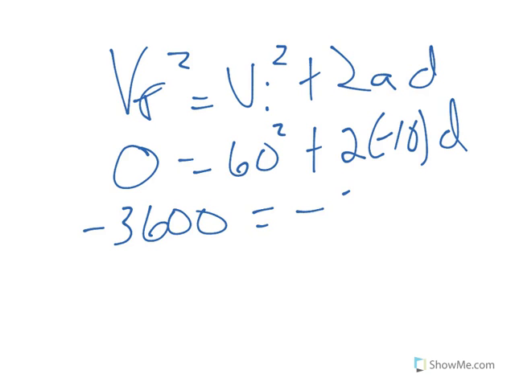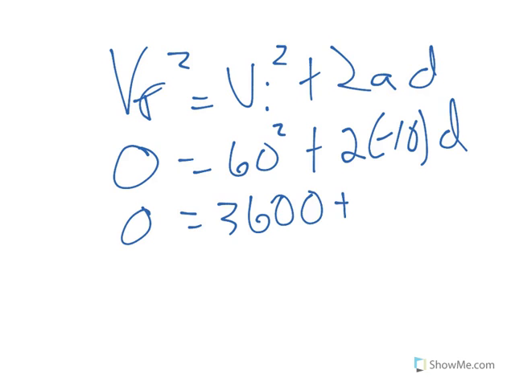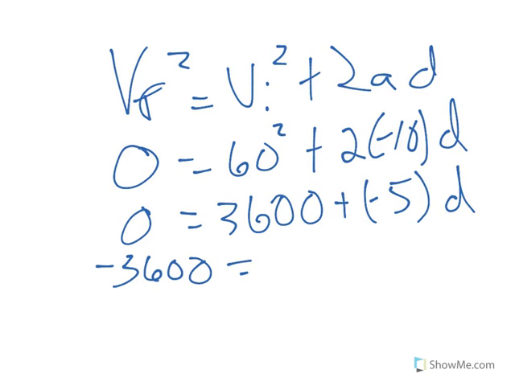Here, I'll show you the steps so that you don't lose it. We should get 0 is equal to 3600 plus negative 5D, and then we'll subtract 3600 over, negative 3600 equals negative 5D.